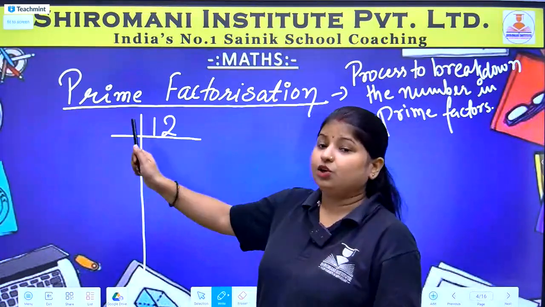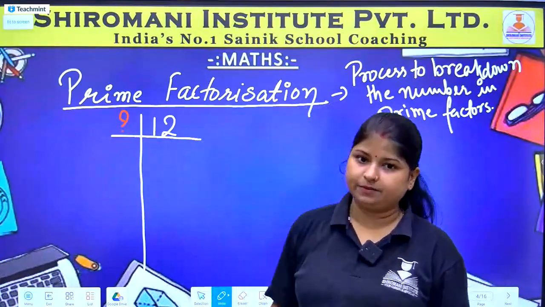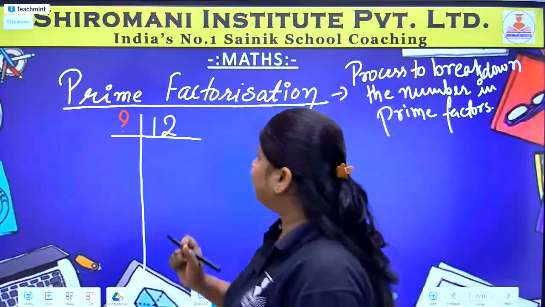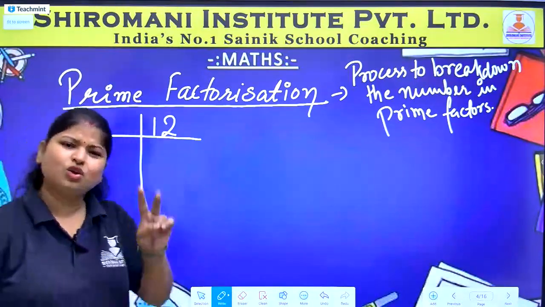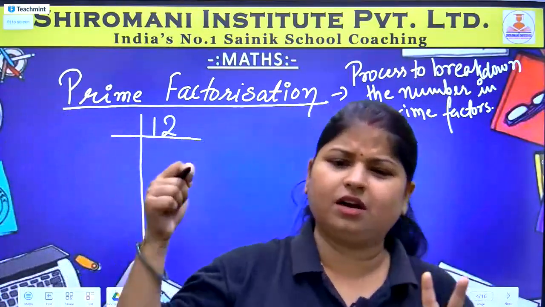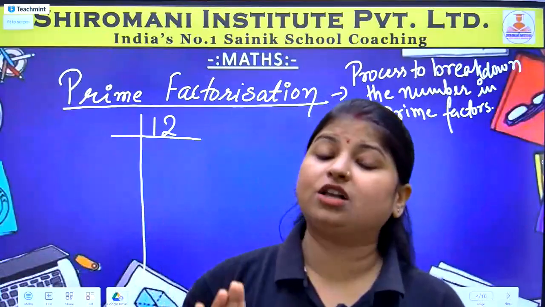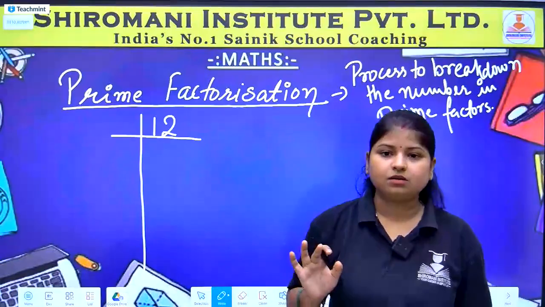But you have to write only prime factors here. Prime factors means prime numbers that can divide 12. So you can tell me that, ma'am, 2 is also dividing 12, 2 is also a prime number. 3 is also dividing 12, 3 is also a prime number.